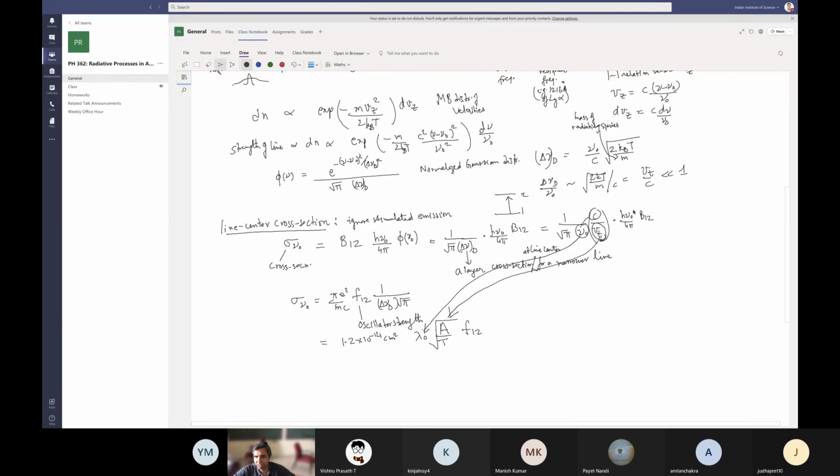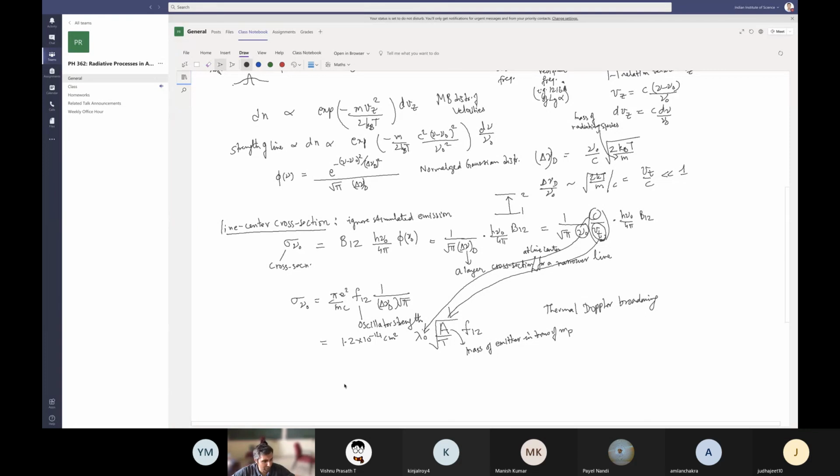And then there are the other terms. This is the proton mass, and this A is the mass of the emitter in terms of proton mass. This is thermal Doppler broadening.